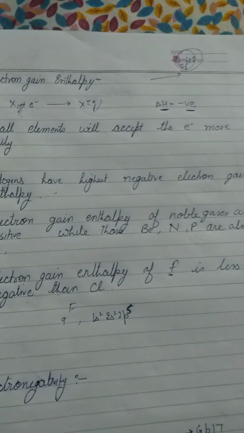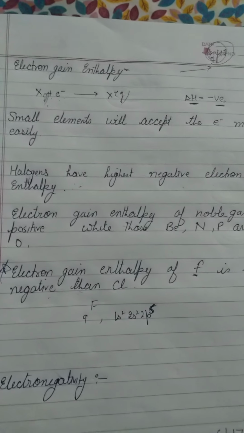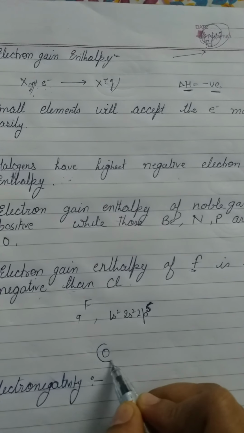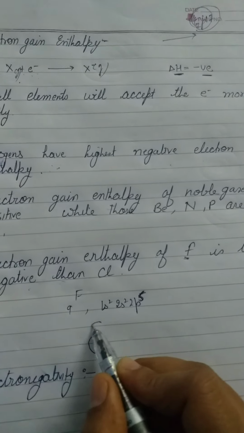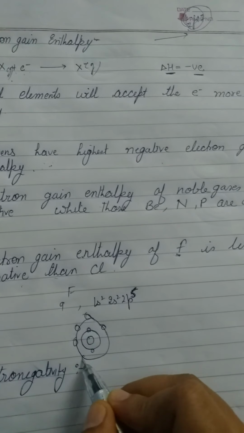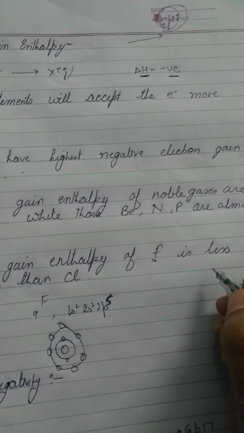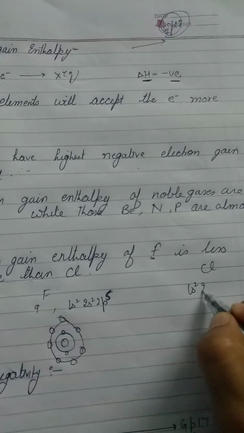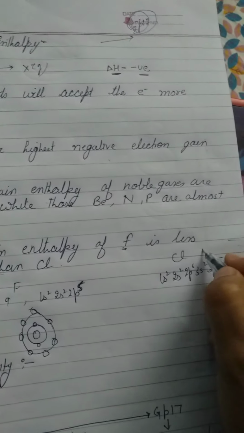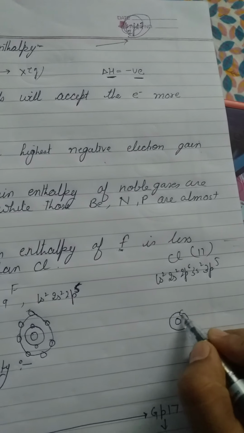So in this case there are 2 electrons in the K shell and we have 7 electrons in the L shell. Now in case of chlorine we have 1s2, 2s2, 2p6, 3s2 and 3p5, right, because it has atomic number 17. Now in this case we have 3 shells.